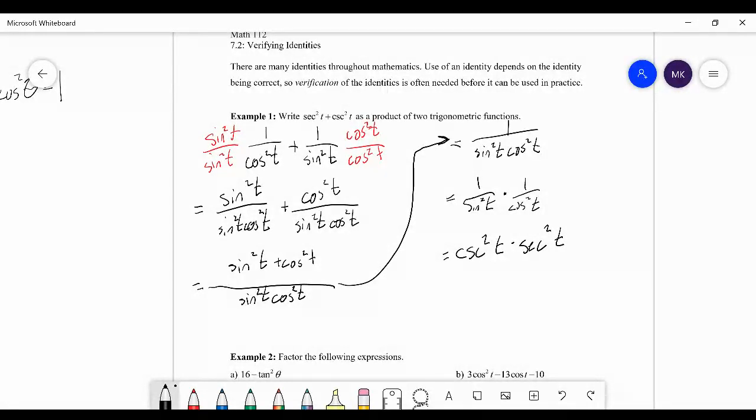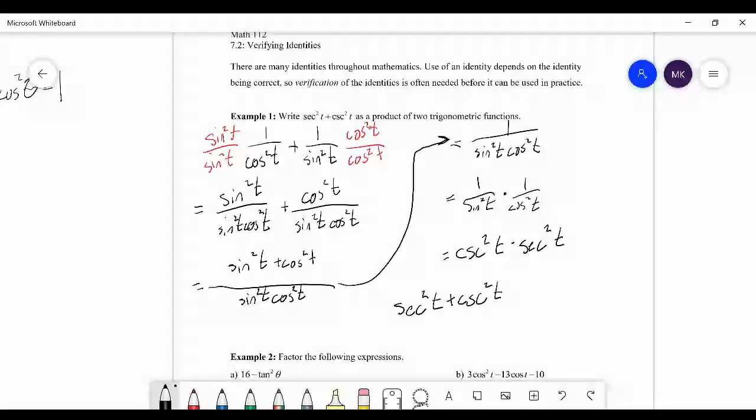And what's crazy here is that if we look at what we started with and what we ended with, what we started with is secant squared t plus cosecant squared t.